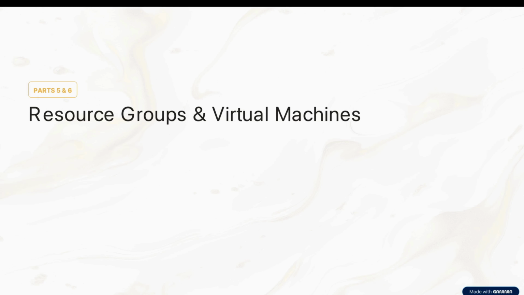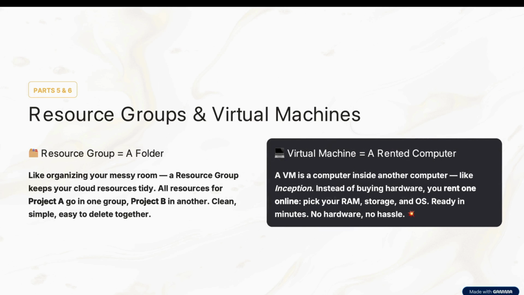Now, what is resource group then? Imagine you created 20 resources and all of them are scattered everywhere. Same feeling as having 500 random files on your desktop. That's where resource group helps. A resource group is basically a container, a folder to organize related resources. For example, if you have multiple projects hosted on the cloud, for one project you can create one resource group and keep the related VM, database, storage, network all inside it.